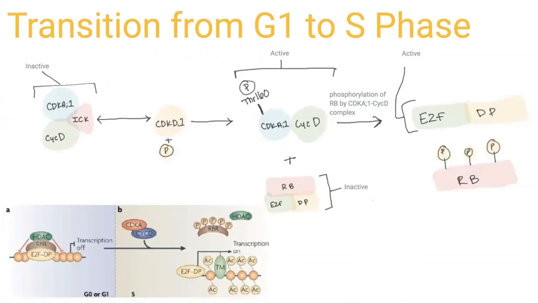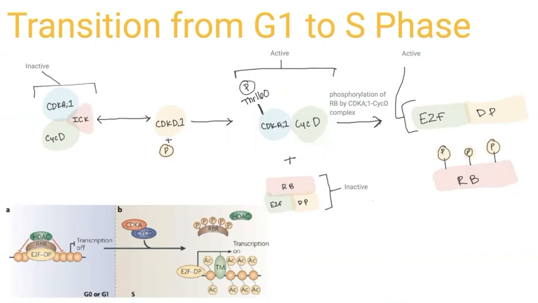CDKD is also going to help phosphorylate threonine 160 on the CDKA. Once that phosphorylation happens, this becomes an active CDK-cyclin complex. Here we have that complex in an active form, bound to the RB.